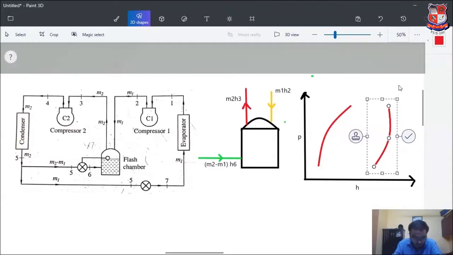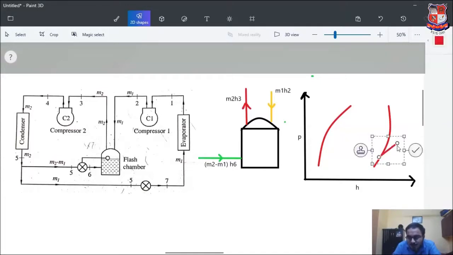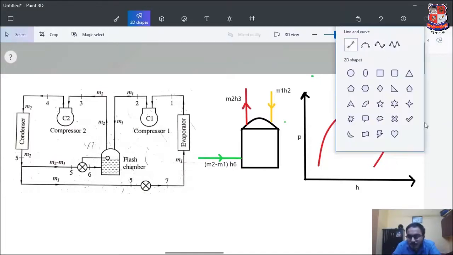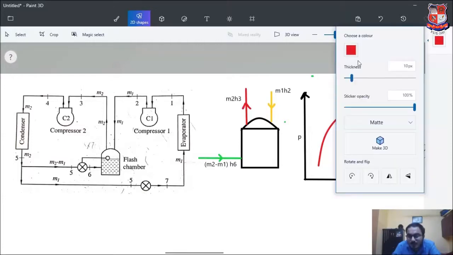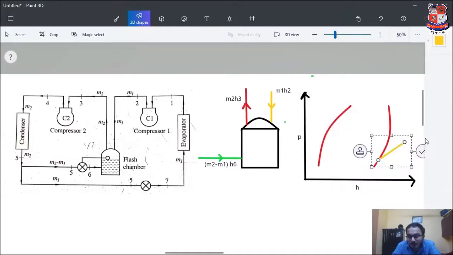Okay, and now we will begin with one point. So let us say that currently we are at point number 1, that is this stage. So let's draw. Let us say point number 1 is situated here. And from 1 to 2 we are observing the compression process.